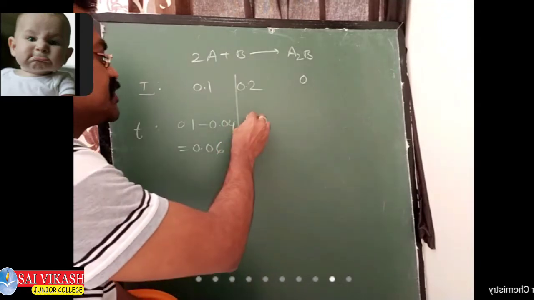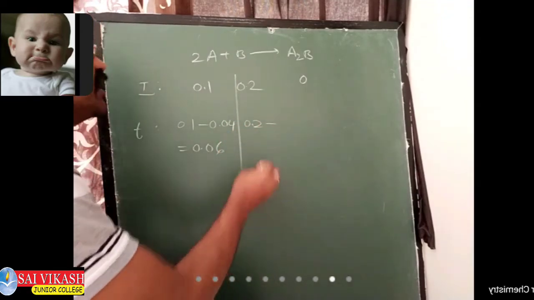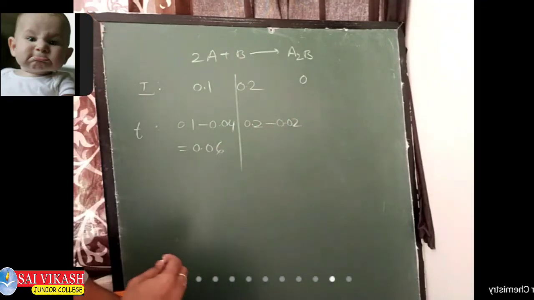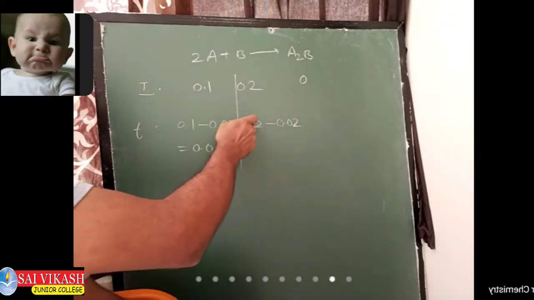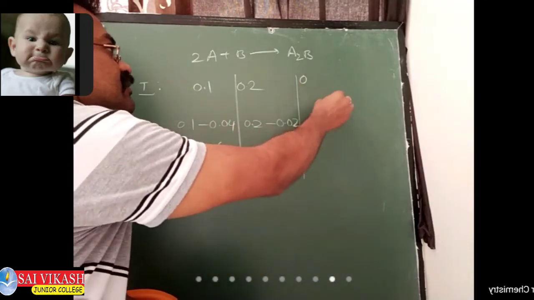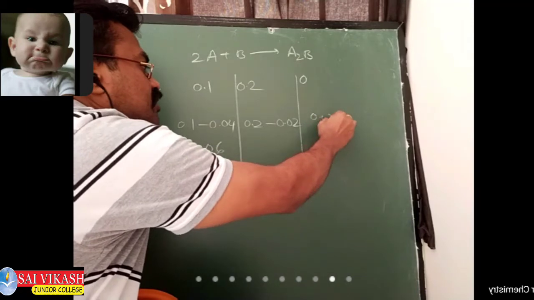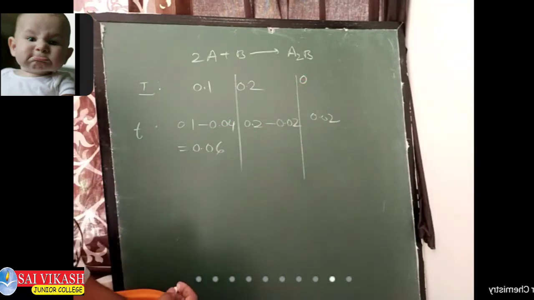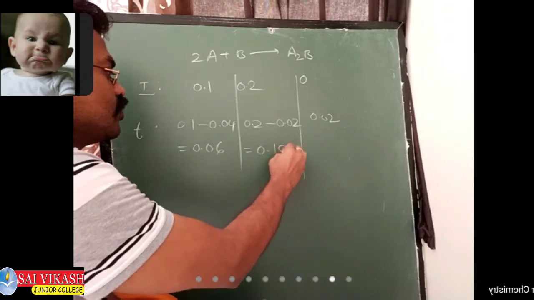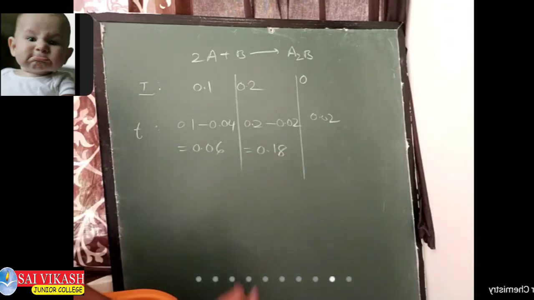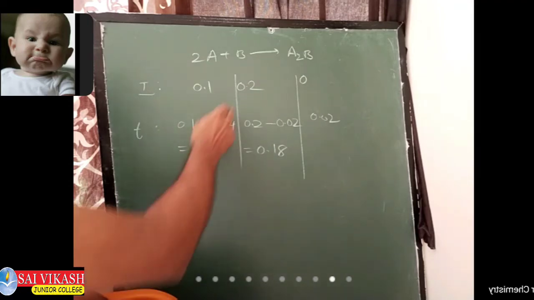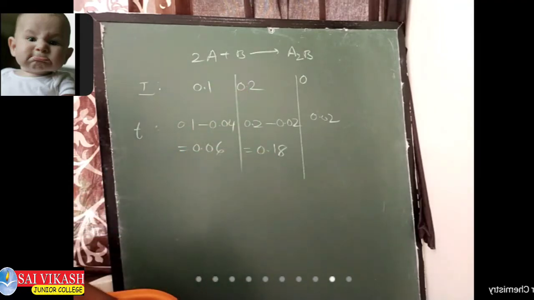So from this 0.2, for 1 mole 0.02 will be removed. 0.2 minus 0.02 will be removed. Here, for 1 mole, only 0.02 will be formed. We don't want that. So how much is left? 0.18 left. So after some time t, A reduced to 0.06, B reduced to 0.18.